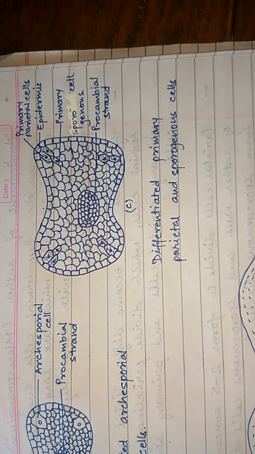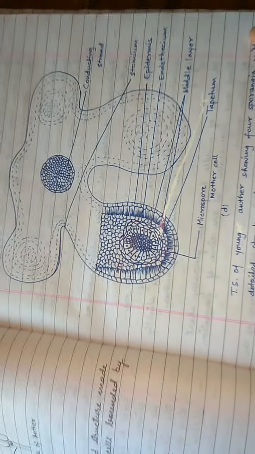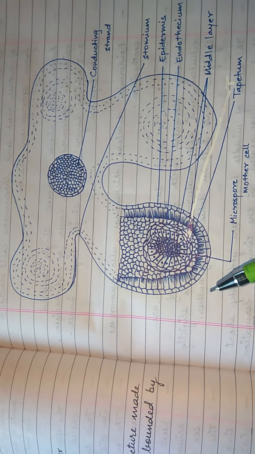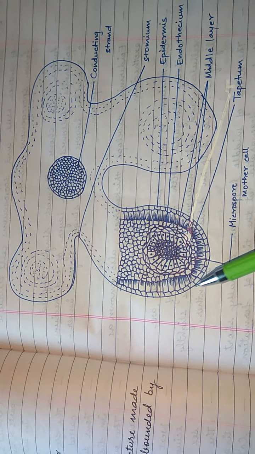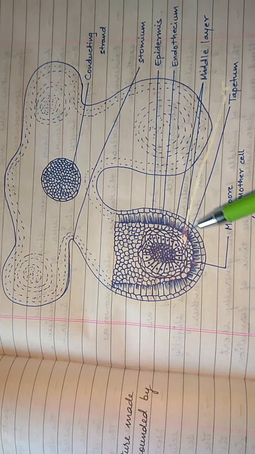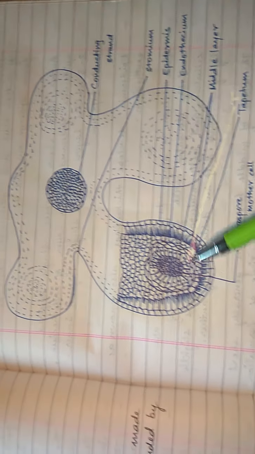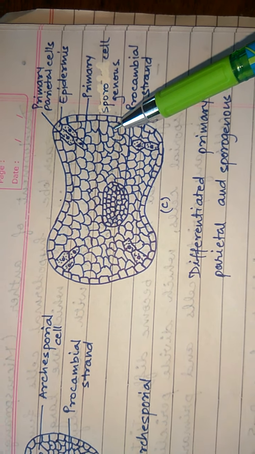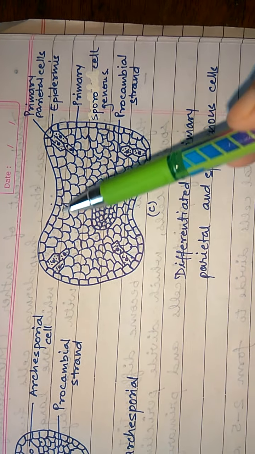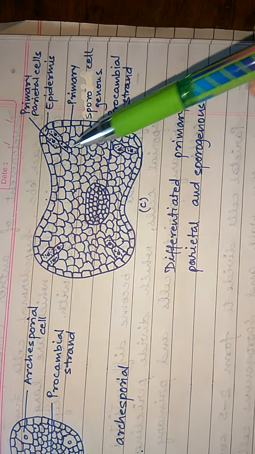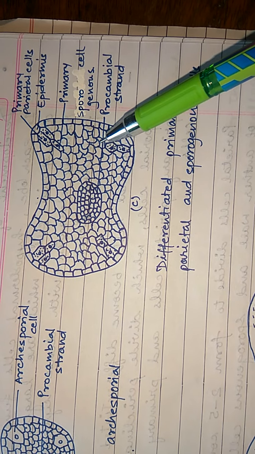Now in the mature form it will look like this, and we can understand with the help of this diagram. The outermost layer is the epidermis. Some hypodermal cells inside this function as archesporial cells, which are larger, elongated, with dense cytoplasm.